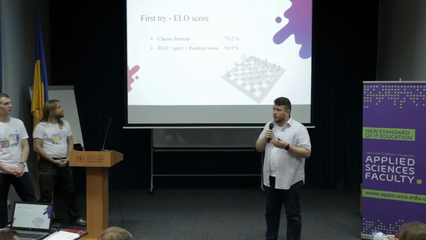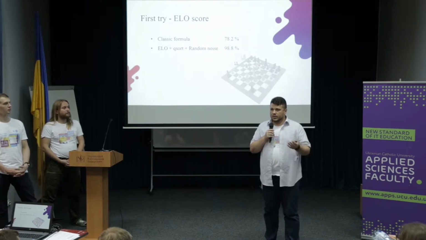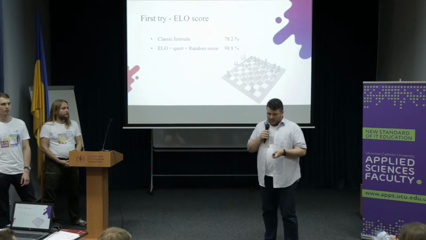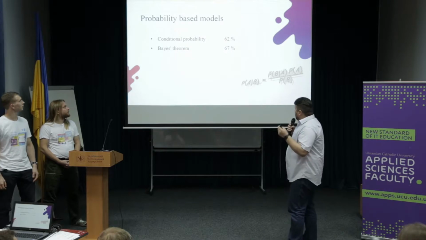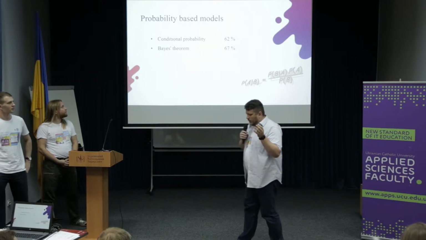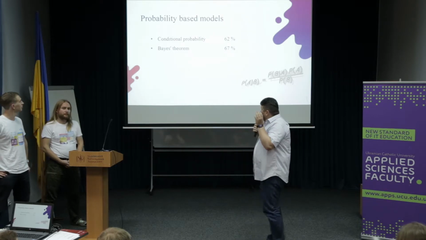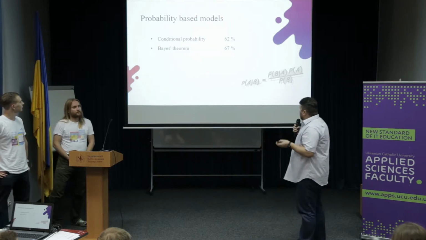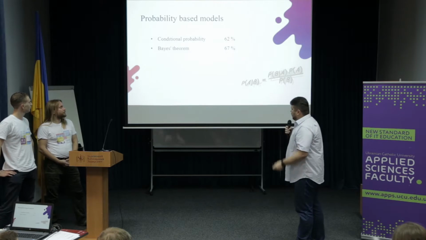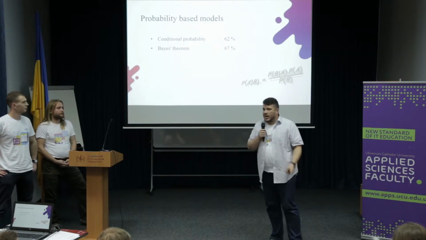Is it possible to rank any tenders with the same algorithm? We started with a simple linear model based on the probability of each risk. With conditional probability, we got only 62% accuracy.